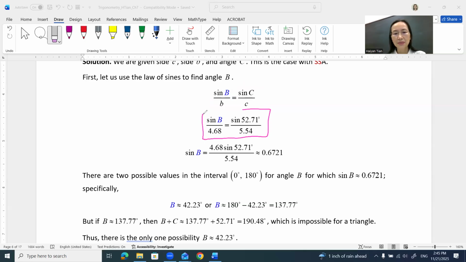After you put all the numbers in, we know everything else except the capital B. So sine B will be found. As you can see, this right-hand side, if we multiply it by 4.68, we get sine B.